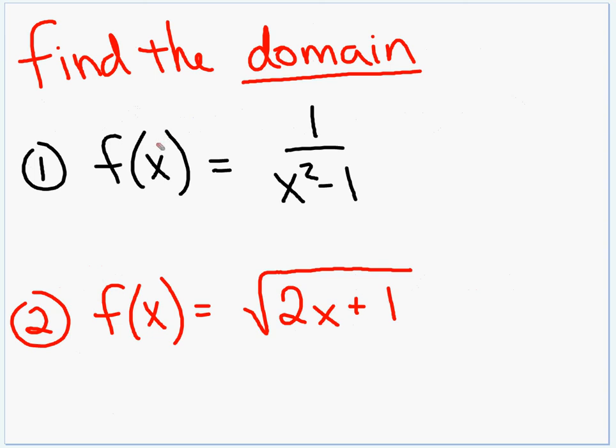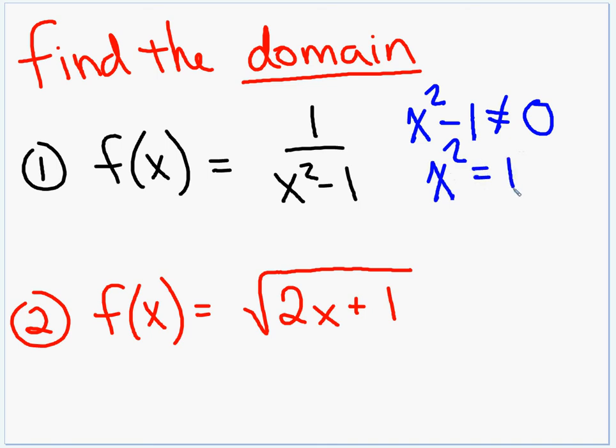So here, a couple questions. Find the domain. Well, we said we never want to divide by 0, so we would set this denominator, x squared minus 1, not equal to 0, because we never want it to equal 0. And if we add 1 to both sides, that would be x squared equals 1. And then we would take the square root.